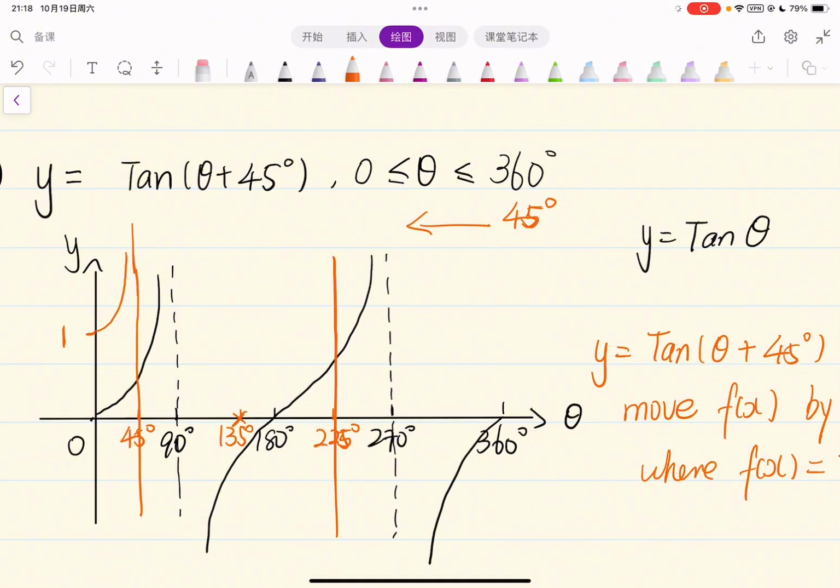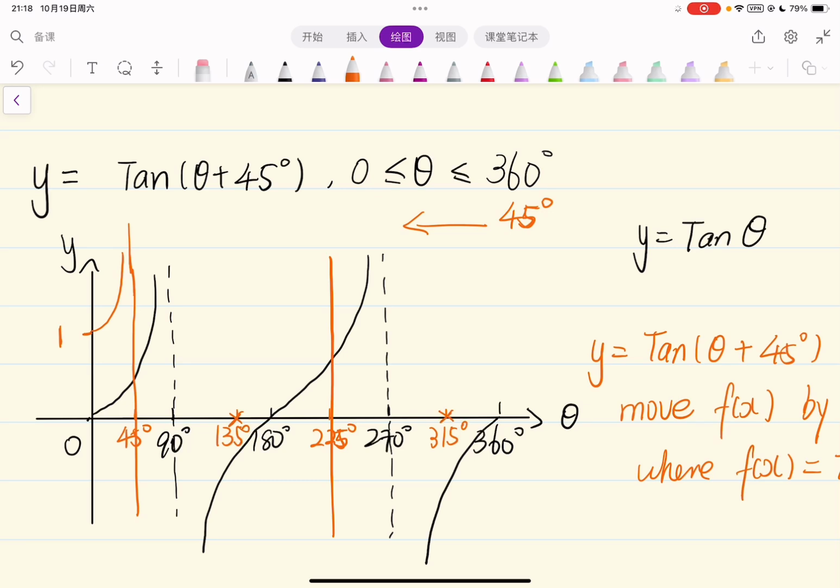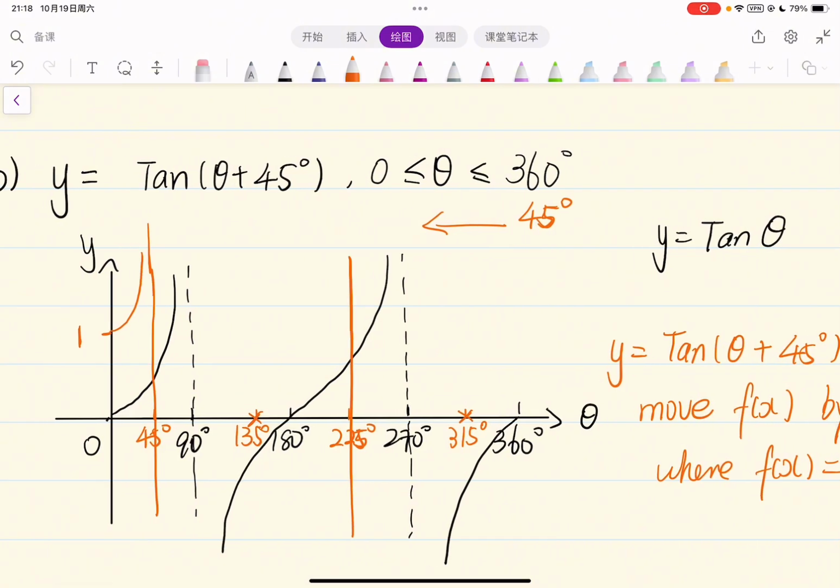Similarly, you move 360 degrees to the left about 45 degrees, that is 360 minus 45 degrees, which is 315 degrees. So here, y equals 0 for tangent theta plus 45 degrees. Now you can draw the graph of tangent theta plus 45 degrees.